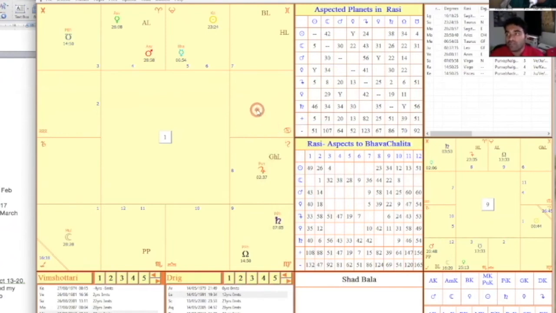So that makes perfect sense for foreign countries because we want the 7th cusp to fall in the sign of Cancer, which is the foreign sign. And the lord of the 7th cusp, which is the Moon, falls in the 12th cusp if Lagna is Capricorn. So that also makes sense. 7th cusp lord in the 12th will always give foreign settlement to some extent. But again, this is not the only way to arrive at that conclusion. There are many ways you can arrive at that conclusion.